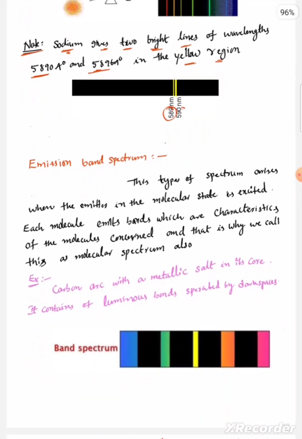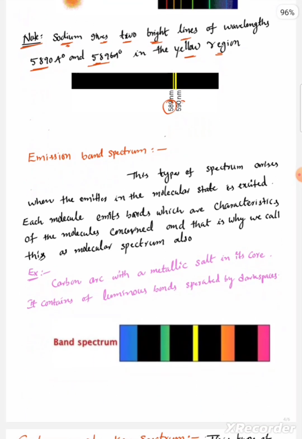Next, the band spectrum. It happens the same way as the line spectrum, but here the substance is in the molecular state. This type of spectrum arises when the emitter in the molecular state is excited. Each molecule emits bands characteristic of the molecule concerned, which is why it is also called the molecular spectrum.